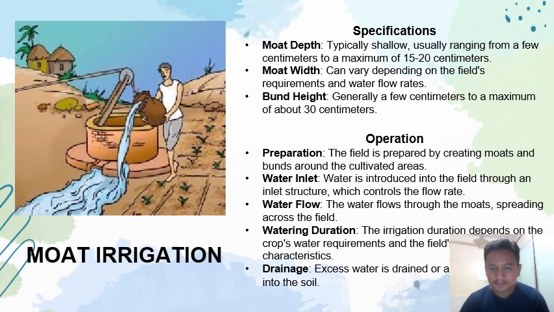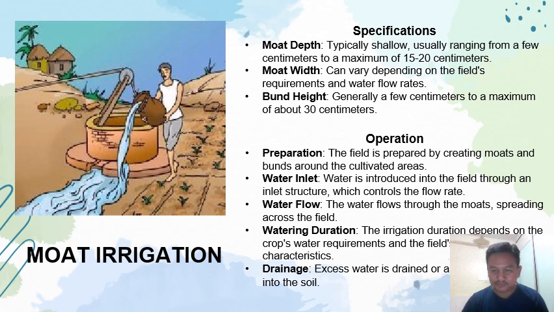How to operate? First, preparation. The field is prepared by creating moat and bund around the cultivated area. Then water inlet. Water is introduced into the field through an inlet structure which controls the flow rate. Water flow.